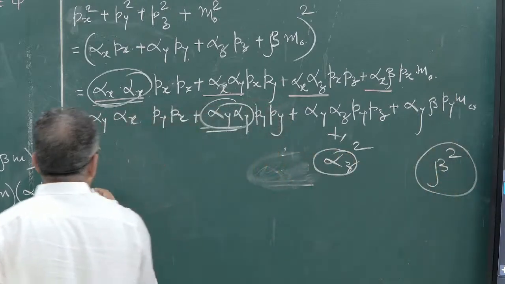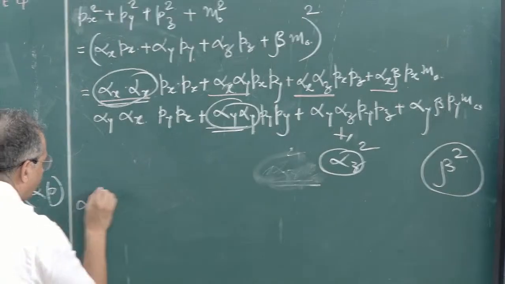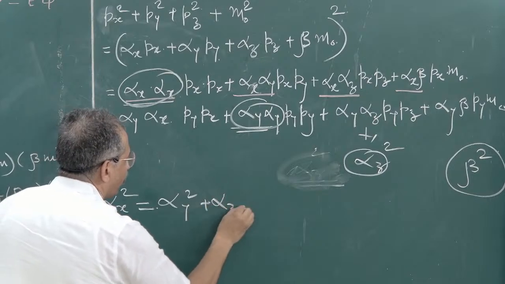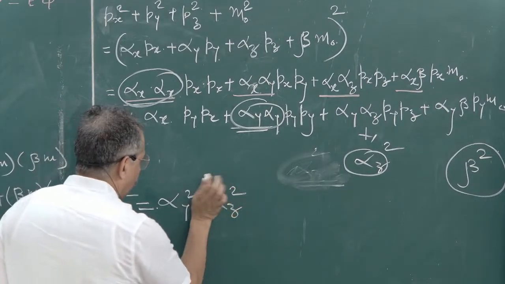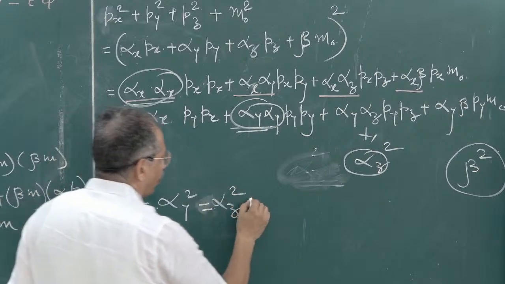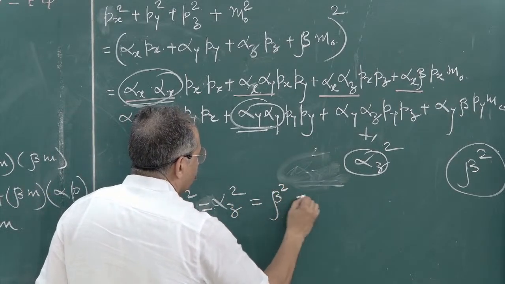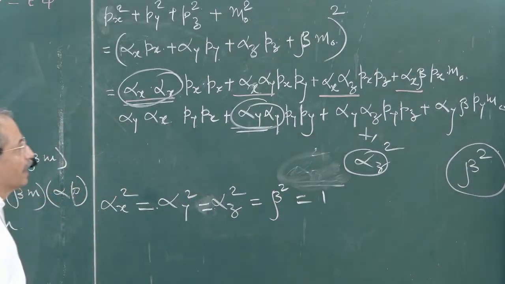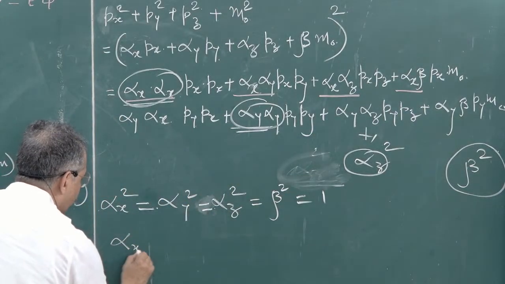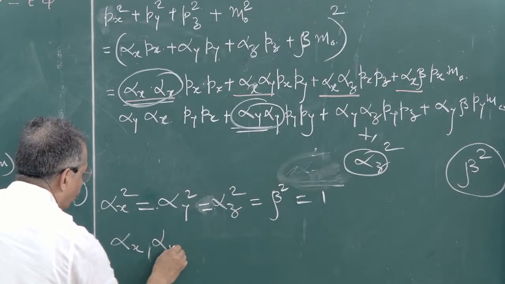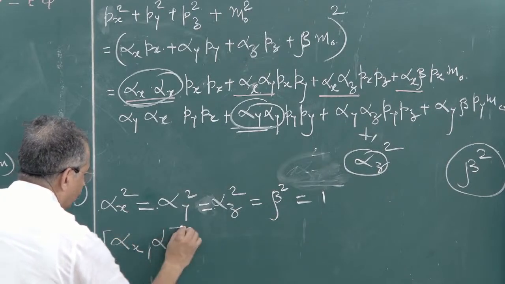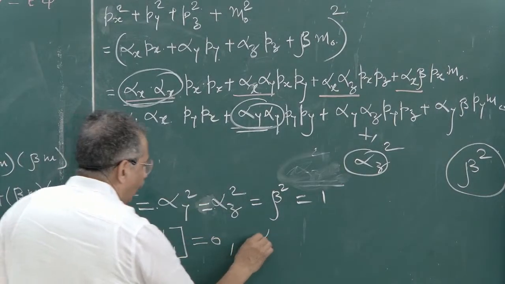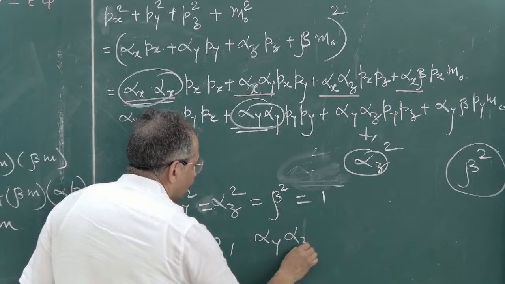So I'll shortly write that alpha x square equal to alpha y square equal to alpha z square equal to beta square. This should be unity, and all other mixed products should vanish, like alpha x alpha y should be 0. Similarly, alpha y alpha z should be 0.